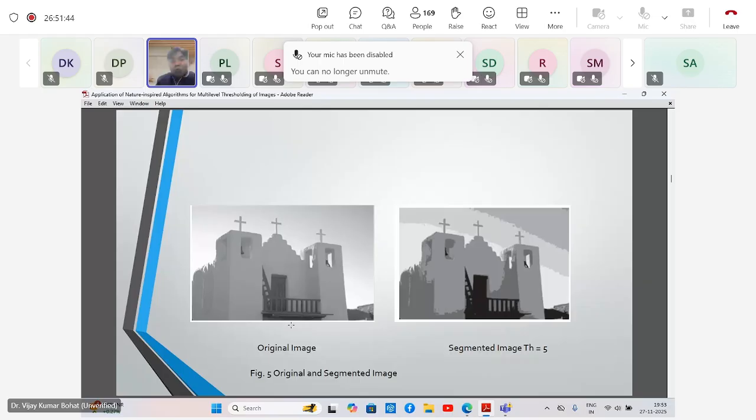The door area is completely blacked out in the segmented image because it comes in a single range. So the right-hand side image has more knowledge compared to the left-hand image because of the smaller number of classes, so a computerized processor can work well on the segmented image.